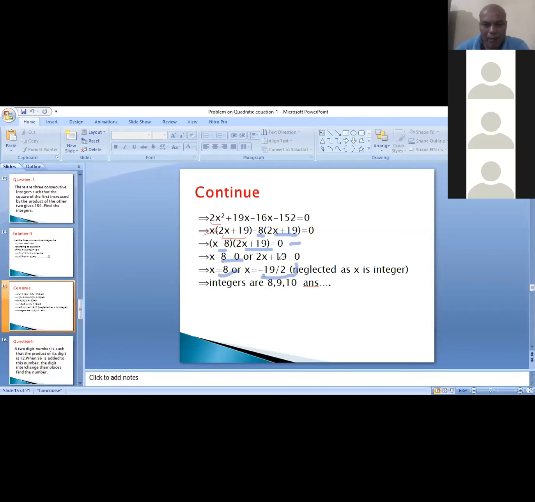As minus 19 by 2 is not an integer, we have to neglect this part. So x we have taken 8, it should be 3 consecutive numbers, so it should be 8, 9 and 10, because 8 plus 1 is 9 and 9 plus 1 is your 10. In this way we are getting the 3 consecutive numbers, 8, 9 and 10. Clear?